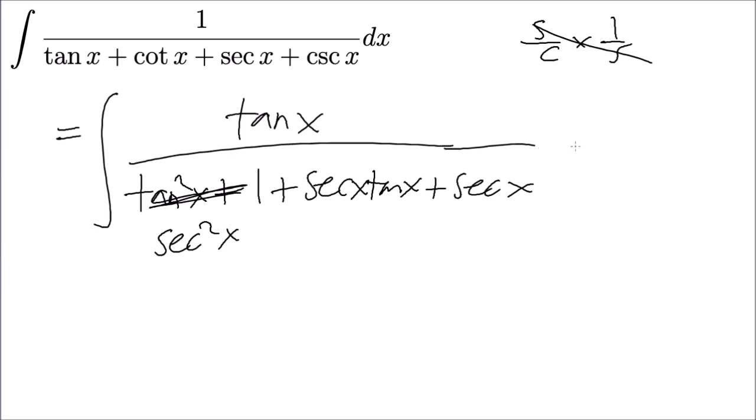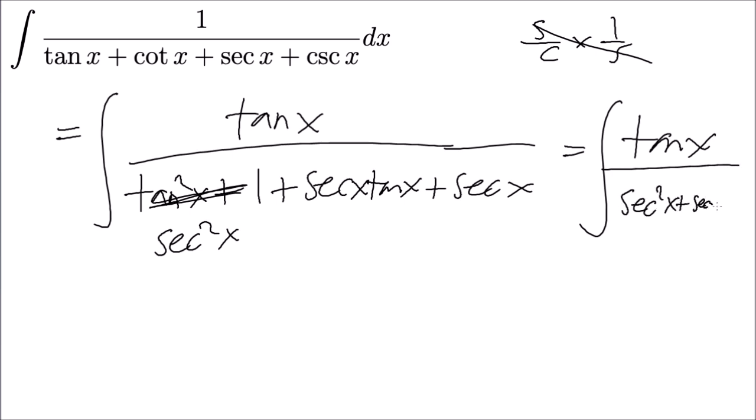What are they planning? This is very suspicious. What the hell are they planning? What is this? Secant square plus secant x tangent x plus secant x. What is this? What is this sorcery? What the hell? No, I'm actually serious.